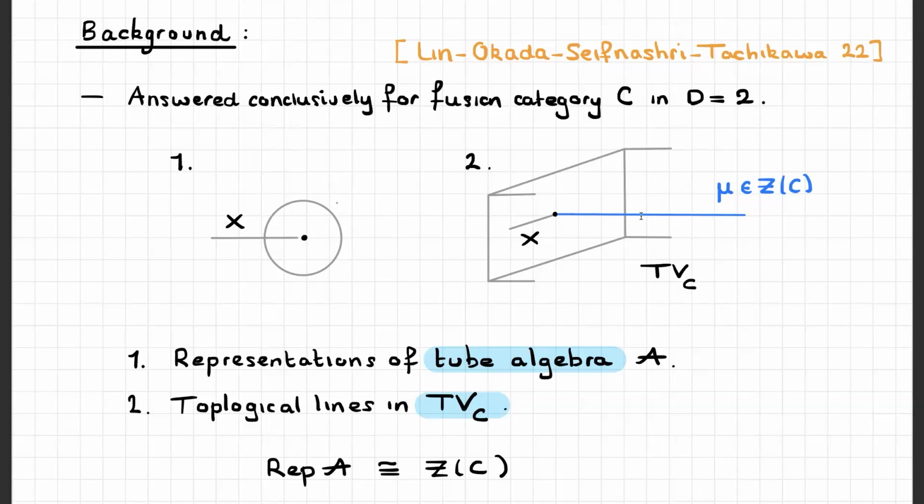This captures physically a very well-known equivalence of braided fusion categories between the Drinfeld center of C and the representations of this tube algebra A. And so there are two perspectives. One is intrinsic to 2 dimensions. One utilizes the sandwich construction, but there's a theorem that says that both of those pictures are the same.